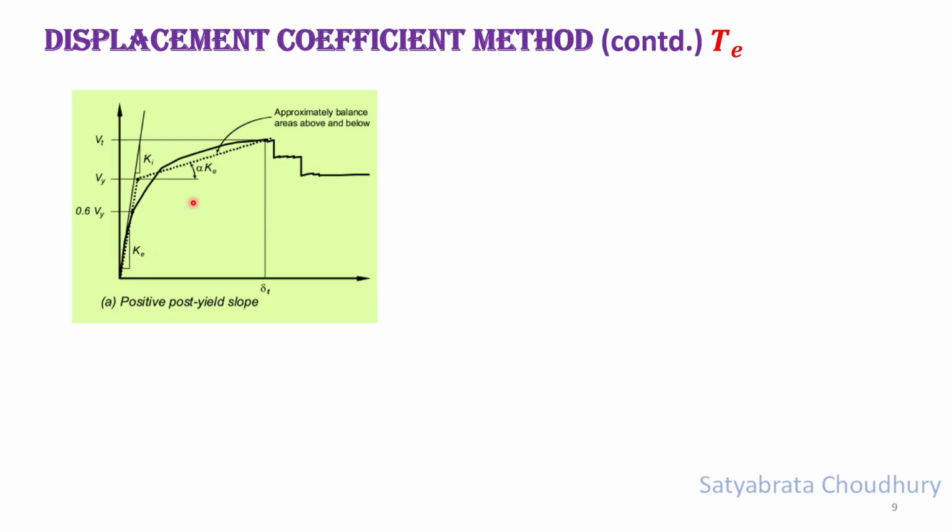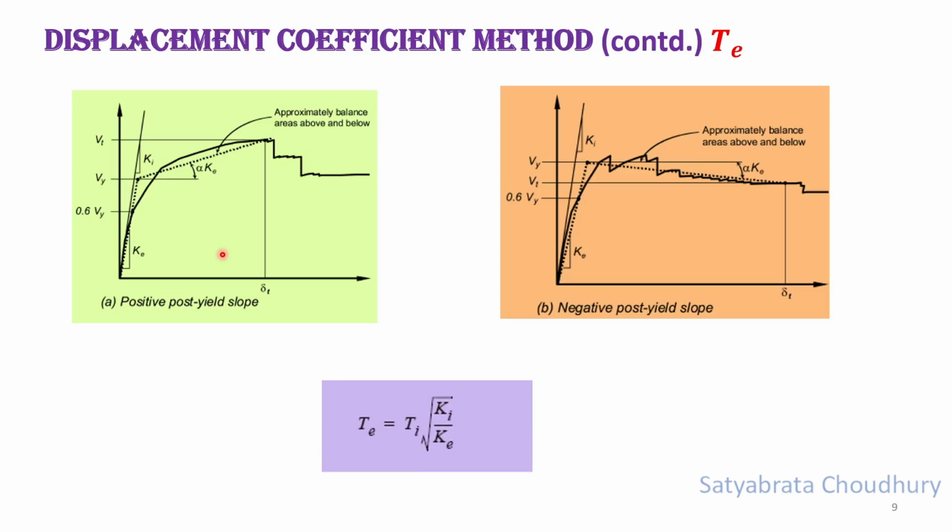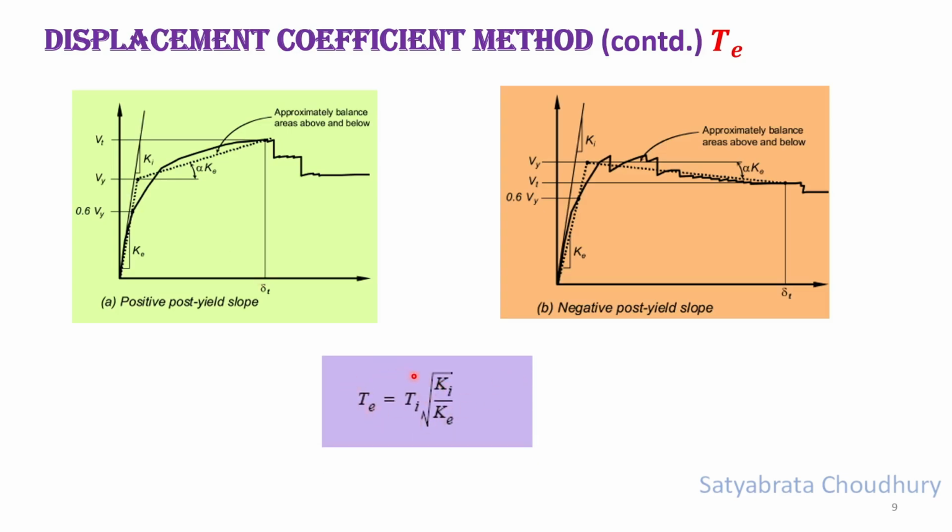With respect to Ke, as you can see in this expression, you can define the effective time period: Te equals Ti, the initial time period, times the square root of Ki, the initial stiffness, divided by Ke, the effective stiffness of the dotted line. So the effective time period is meant here, in this bilinearization, the gradient of the line from the origin.